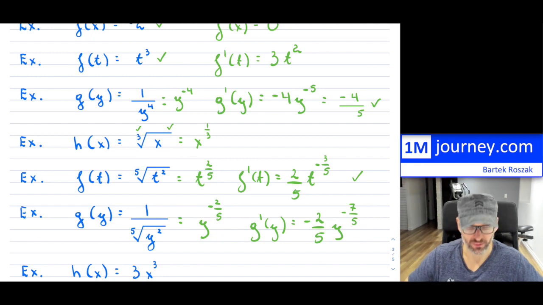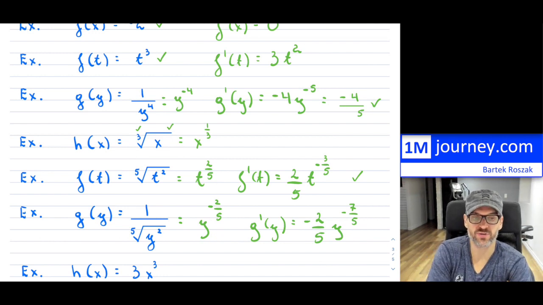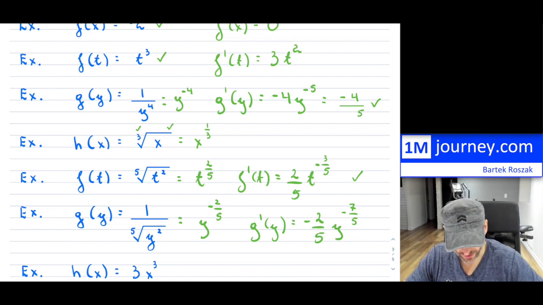And again, you can bring that negative exponent down to the denominator if you like. You have to worry a little bit about making sure y is definitely not 0. You can check if it's a problem for anything else. But that's how you would take the derivative.